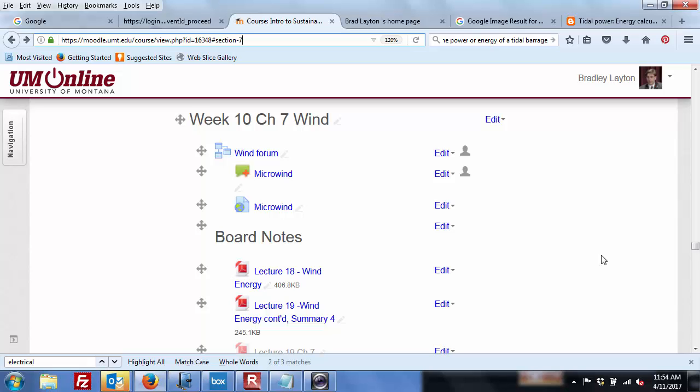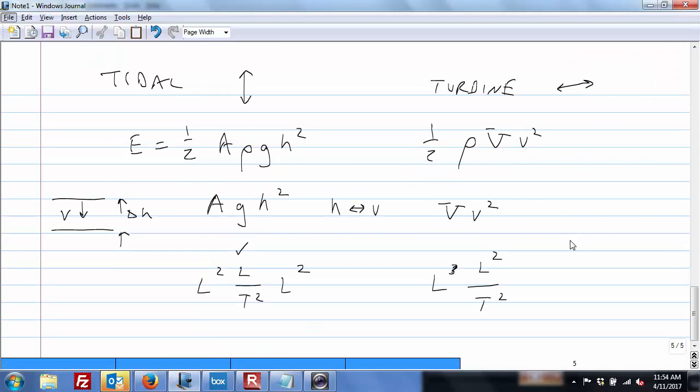Okay, chapter 7, wind. In a lot of ways, the equations that we just did for tidal are the same. It's that 1/2. Tim covered a brief explanation of wind turbines. I think we were doing a couple of equations having to do with swept area and headwind.